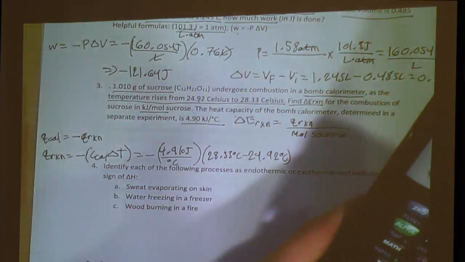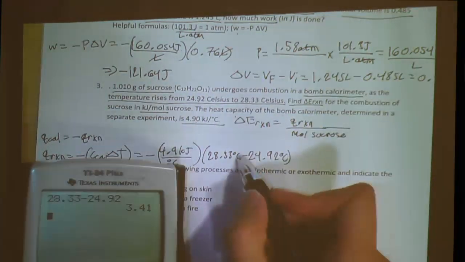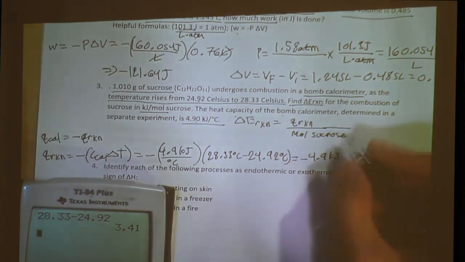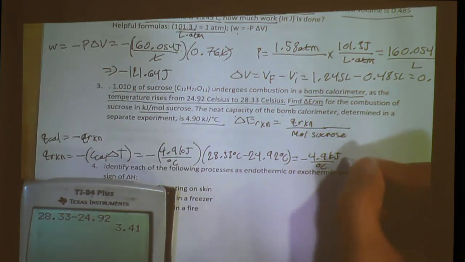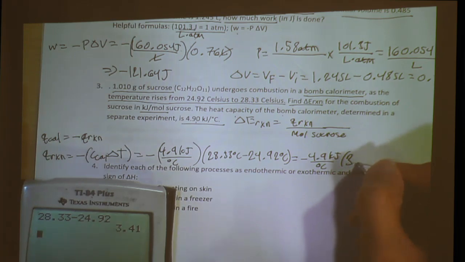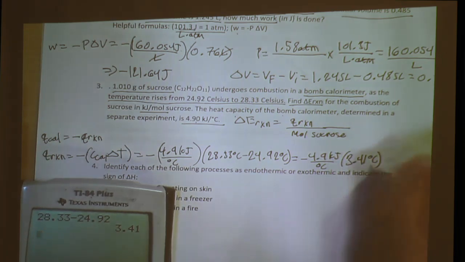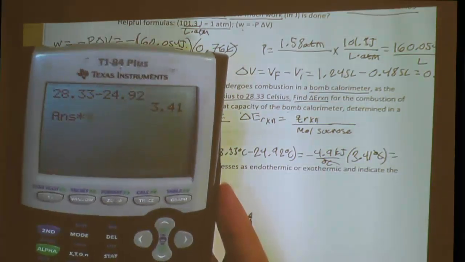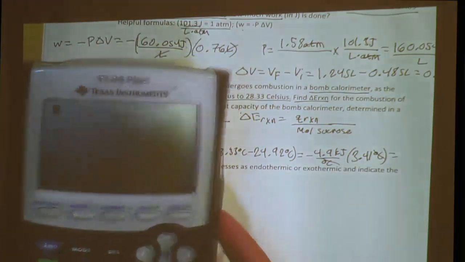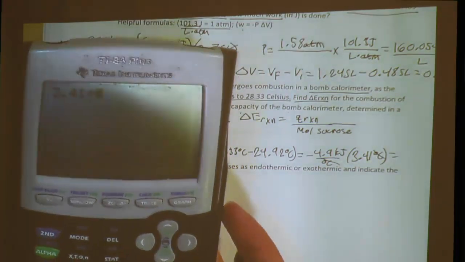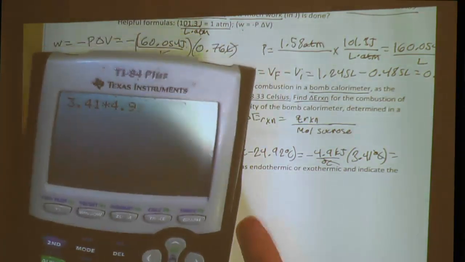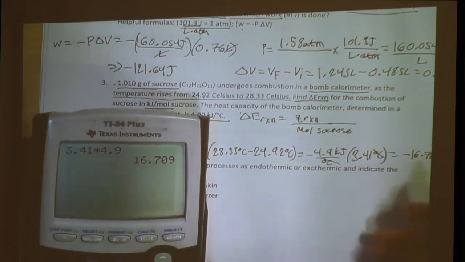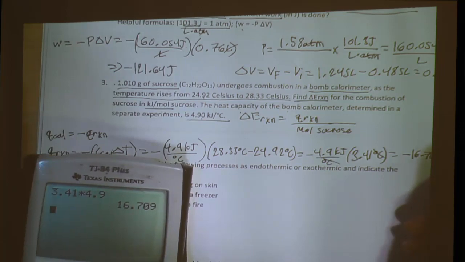28.33 minus 24.92. So this is going to end up being equal to negative 4.9 kilojoules per degree Celsius times 3.41 degrees Celsius. Our units cancel. And that's going to give us, 3.41 times 4.9, negative 16.709 kilojoules.